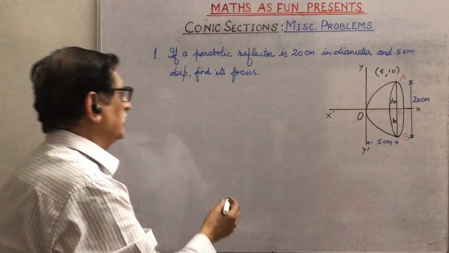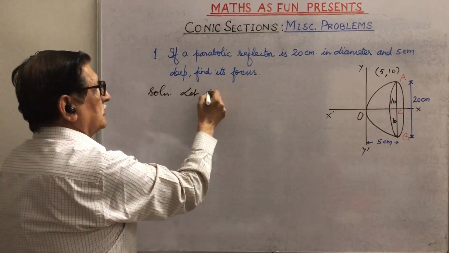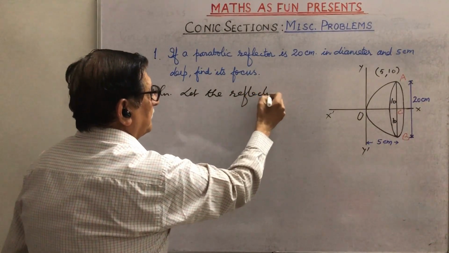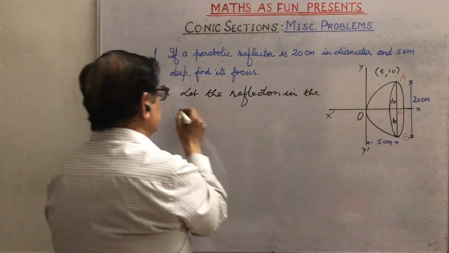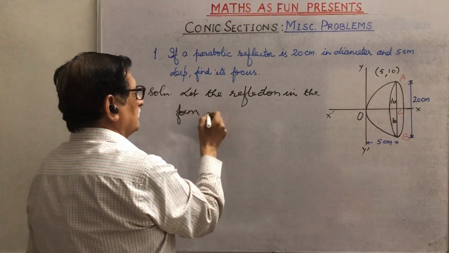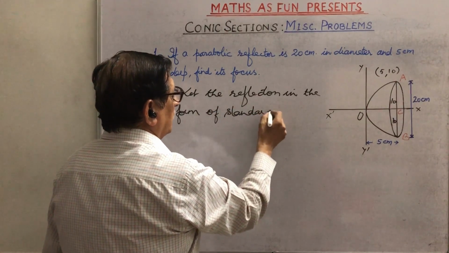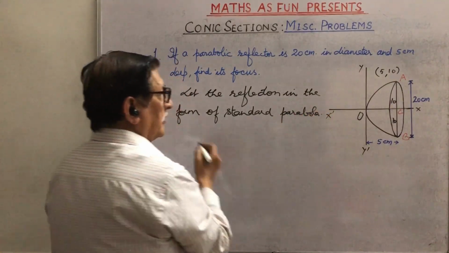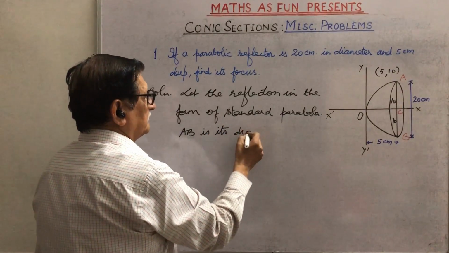So we write here for the solution, let the reflector be in the form of standard parabola. AB is its diameter.